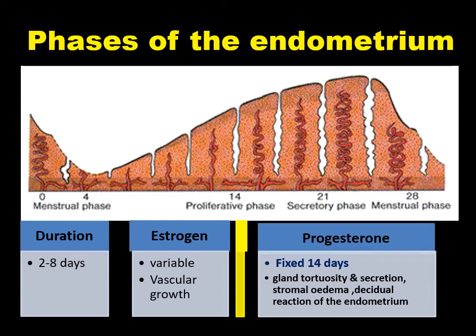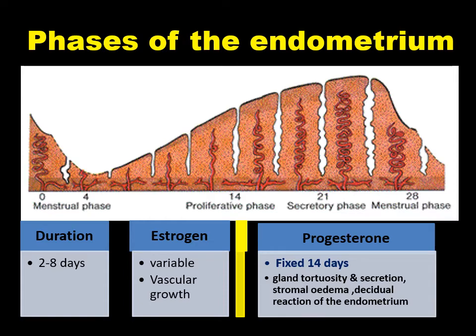FSH stimulates the follicles to produce estrogen, and estrogen leads to endometrial changes, growth and regeneration of the functionalis layer of the endometrium.